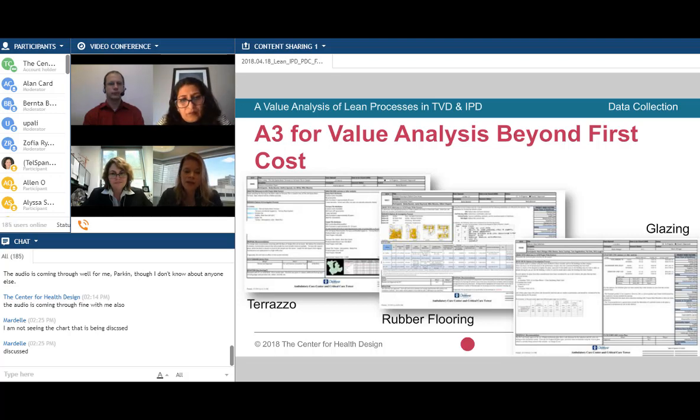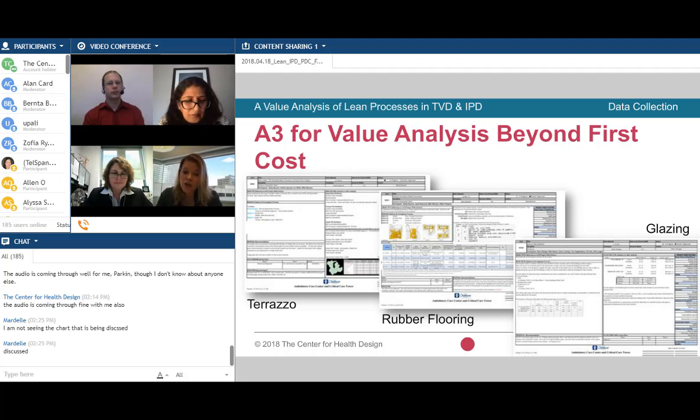Rubber flooring, the same thing. Yes, it has a higher first cost, much higher than some of the traditional flooring materials used in hospitals, but it has a lot greater wearability and lower maintenance costs, and it's also kinder to the people walking on it.